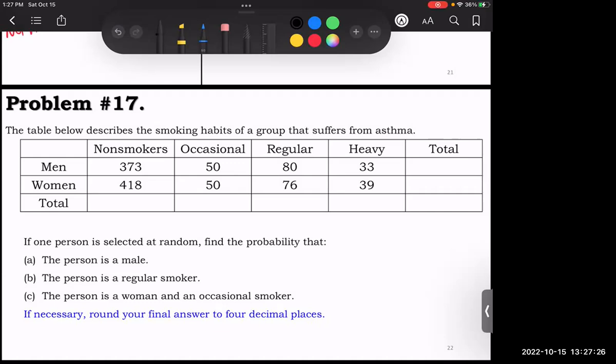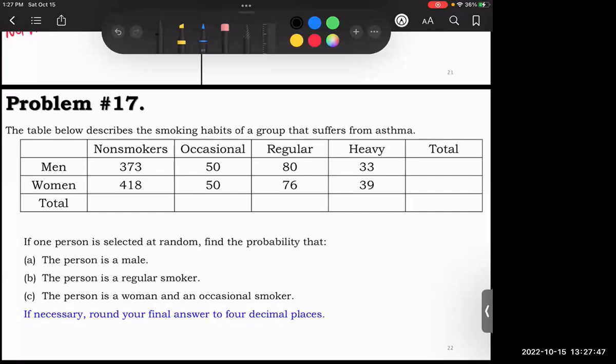And it's not that hard. For example, let's look at the non-smokers. Non-smokers were separated based on man or woman. So if you take the sum of those numbers, 373 and 418, you get the number of people that are non-smokers. So how many non-smokers were there?